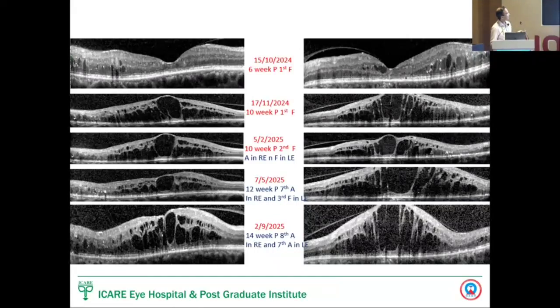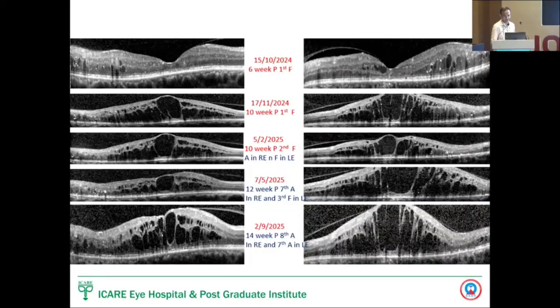Again at 10 weeks, there was recurrence. So I decided to give aflibercept in the right eye after 2 faricimab, and I decided to give third faricimab in the left eye. So at 12 weeks, minimal fluid was there.